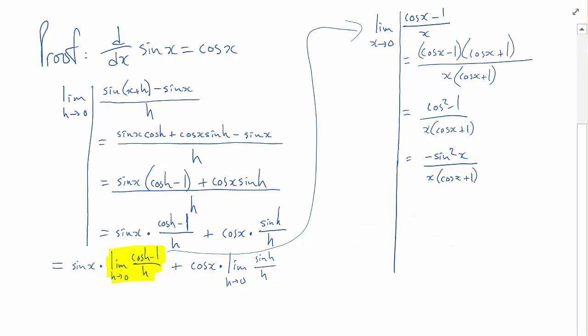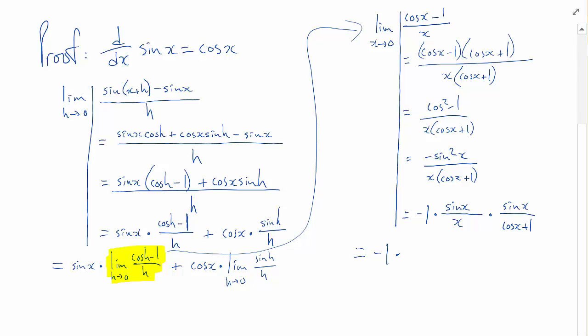If I split this up into three separate multiplications, I could look at it as negative 1 times sine x over x times sine x over cos x plus 1. And I can find the limits for each of those bits individually.